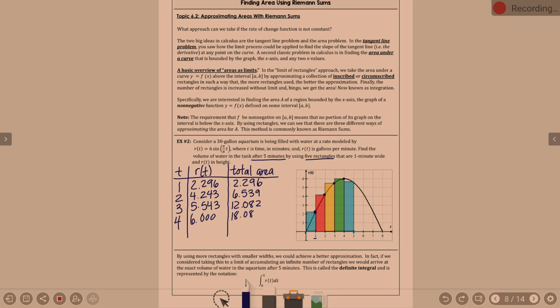And the last rectangle, where does it intersect the curve? At 5. And what is the height of that rectangle? Add it on to my running area. 23.625.